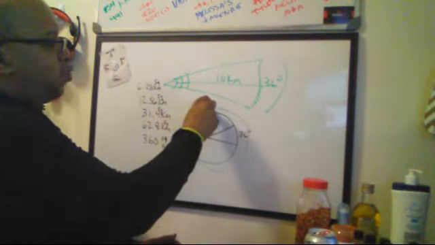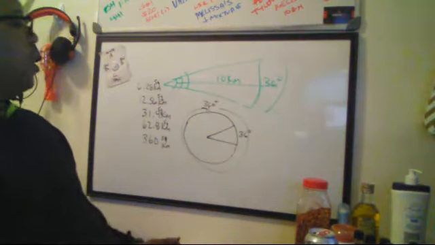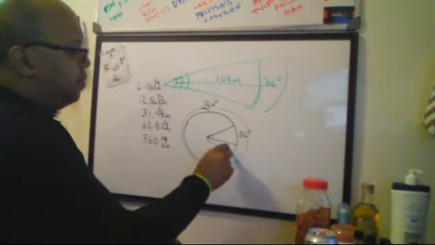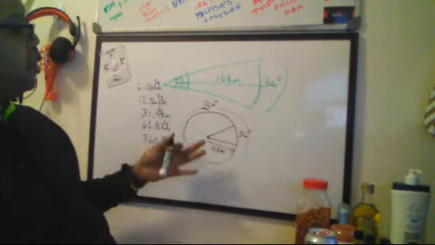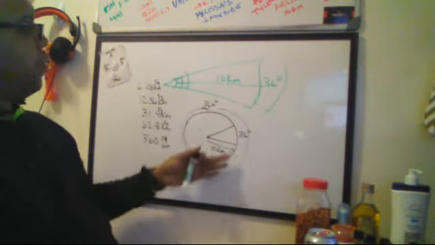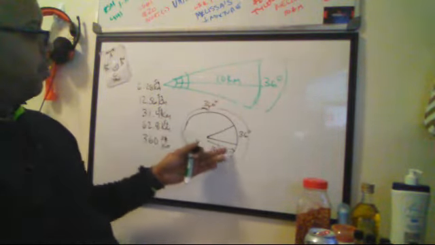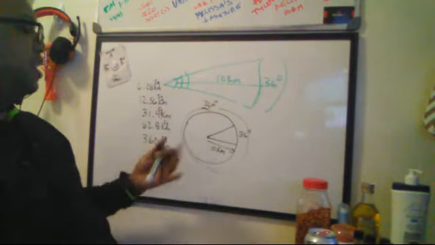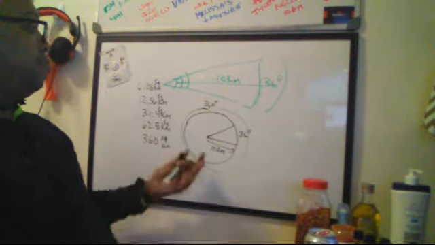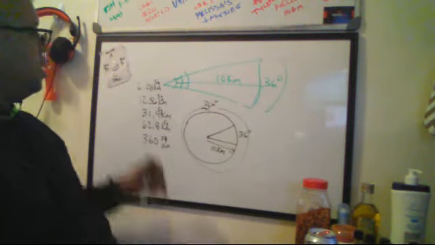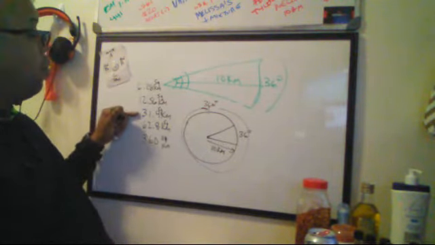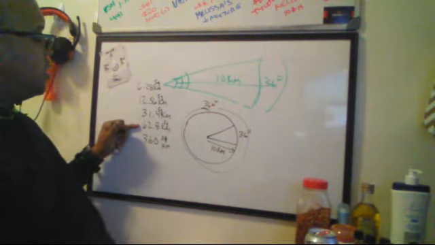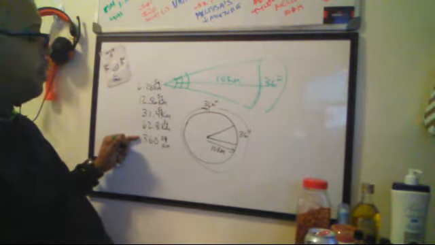So if the radius is 10 kilometers, all we have to do is figure out the area for an entire circle with a radius of 10 kilometers and just reduce it to a tenth. And then we have our answer. So 6.28, 12.56, 31.4 square kilometers, 62.8 square kilometers, and 360 square kilometers.